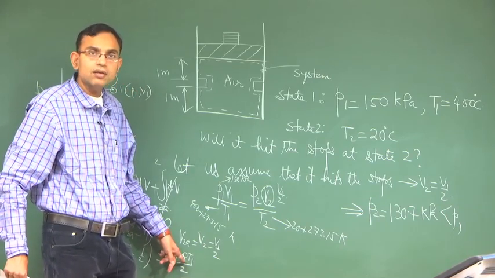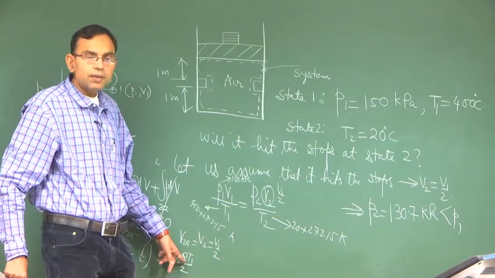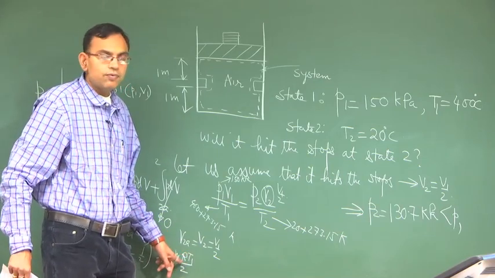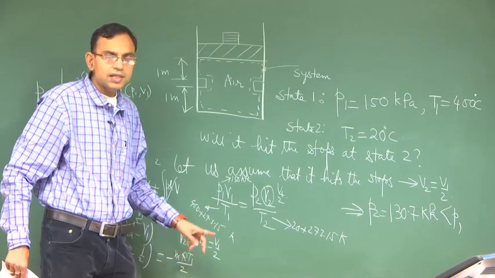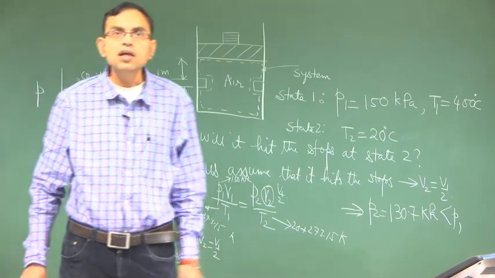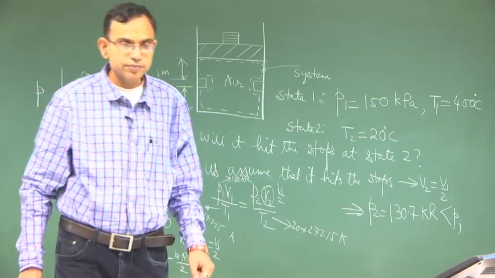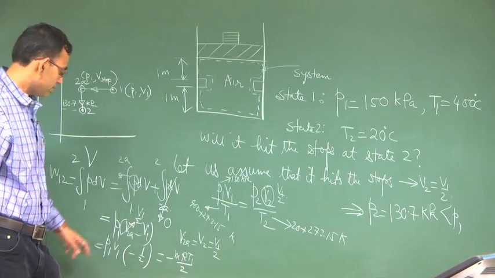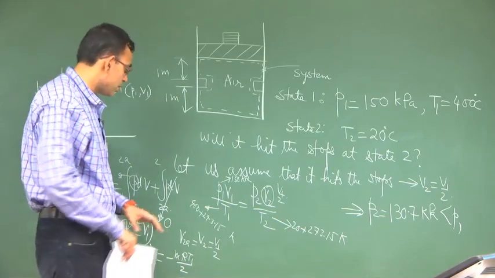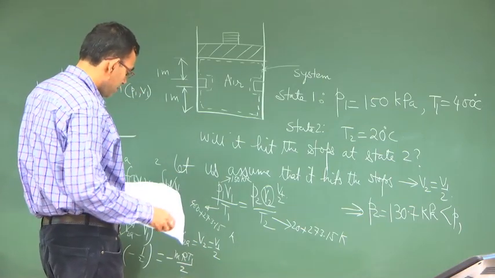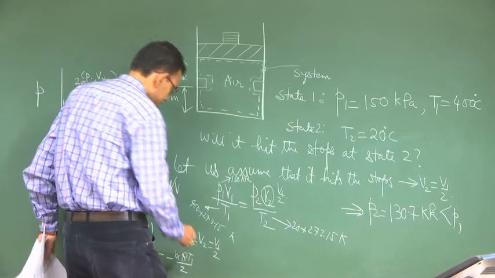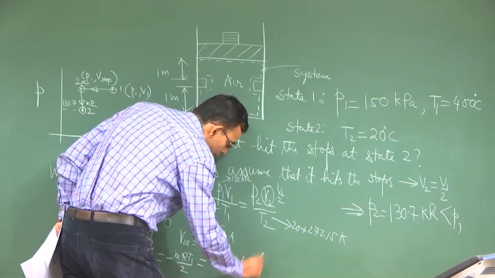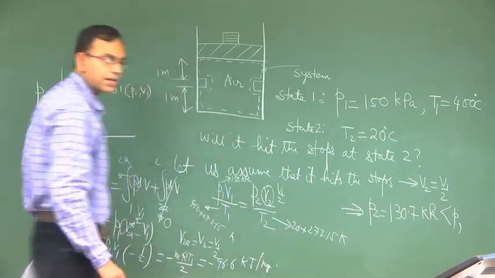This is the universal constant divided by the molecular weight, so this is per unit mass. For example, for air it is 0.287 kilojoule per kg Kelvin, right. So if you do that, the answer comes out to be minus 96.6 per kg if you take m as 1 kg.